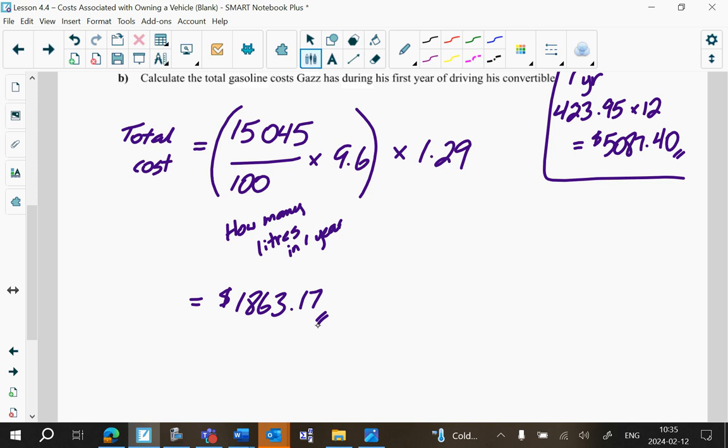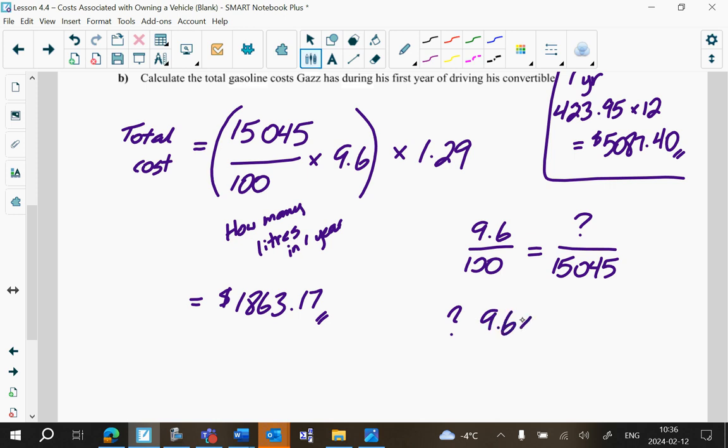Another way you could have figured it out, you could have done the two fractions. Well, he gets 9.6 for every 100. I want to know how many liters over 15,045. And then to get that, you would do 9.6 times 15,045 divided by 100, which is the exact same calculation we did here.